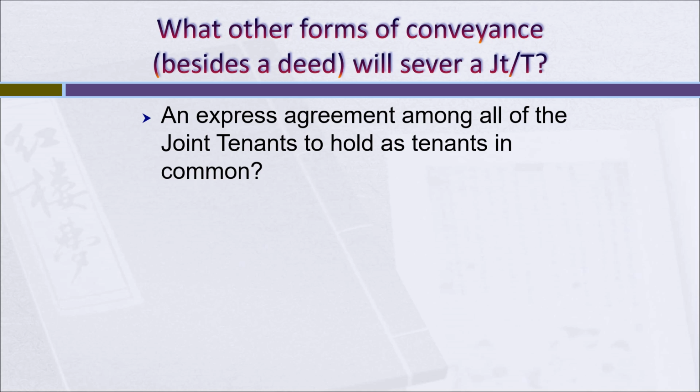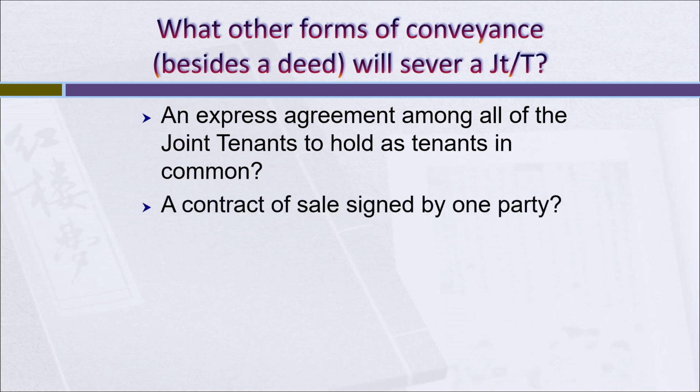What about, for example, an agreement among all the joint tenants to hold as tenants in common instead? Well, technically, at common law, that wouldn't work, but today nearly all courts would say, sure, if the parties have all expressed their mutual understanding that they will now hold as tenants in common, the court ought to enforce that. So that one is almost certain to occur in modern times.